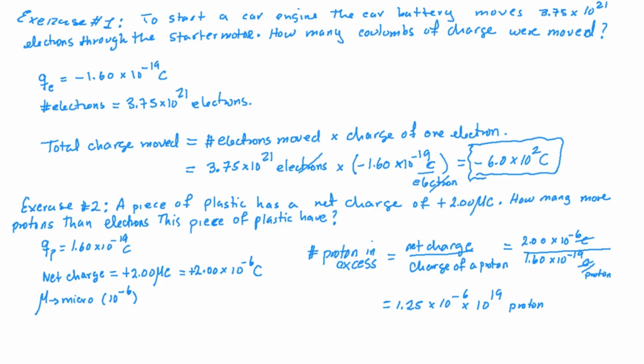So 10 to the negative 6 times 10 to the 19, adding the exponents, is 10 to the 19 minus 6, 10 to the 13. So you get 1.25 times 10 to the 13 protons.